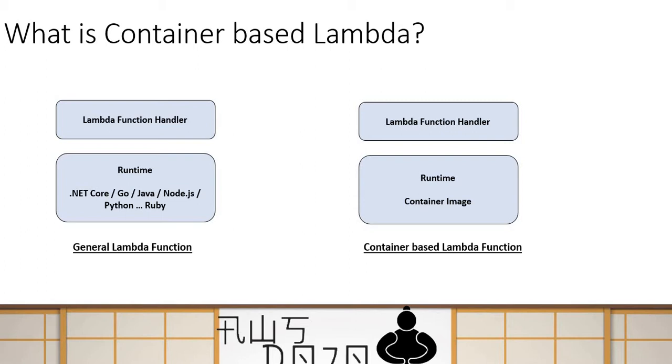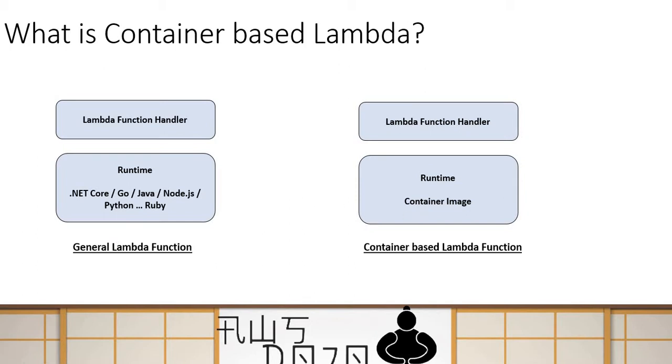So the primary difference is, in a typical Lambda function, a runtime is a provided runtime by AWS, where you can select between your Python, Ruby, Java, or .NET, those options. In this case, you can bring your own runtime. Think that way.